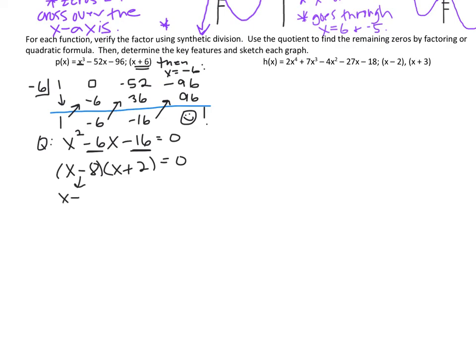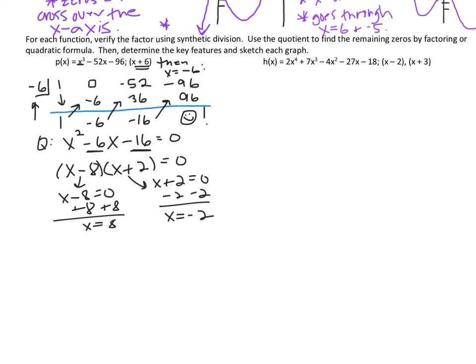If we set x minus 8 equal to 0 and we move 8 over, we would get x equals 8. If we set x plus 2 equal to 0 and move 2 over, we would get x equals negative 2. Those are the zeros of our function. Negative 6 from up above, positive 8, and negative 2.